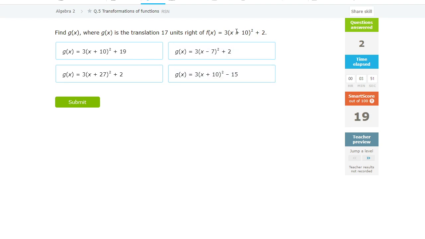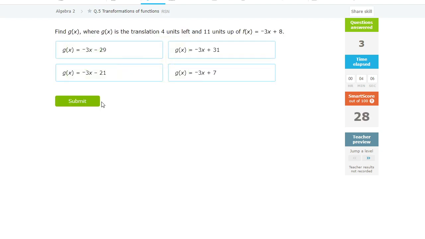So the +10, I'm going to subtract 17. So 10 minus 17 is -7. So if you go to all of these here, that right there is the only one that has -7, so that's your answer.